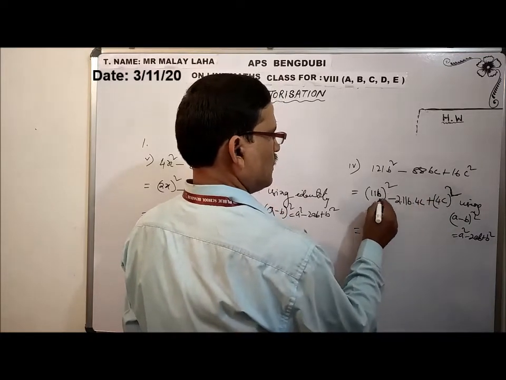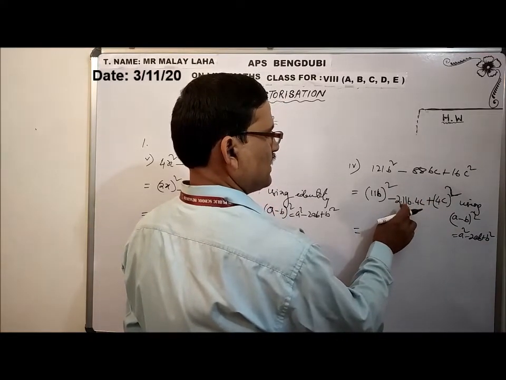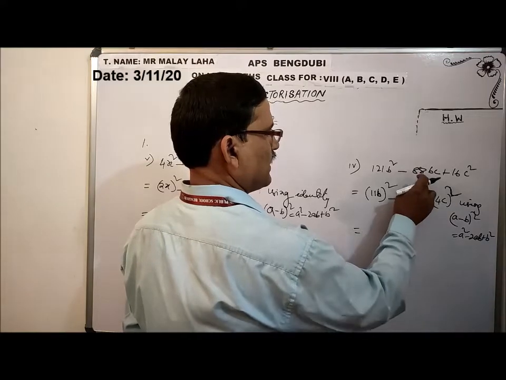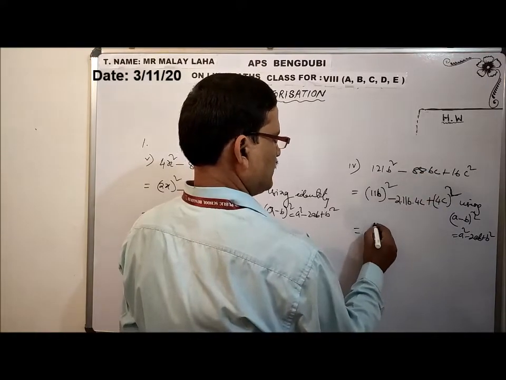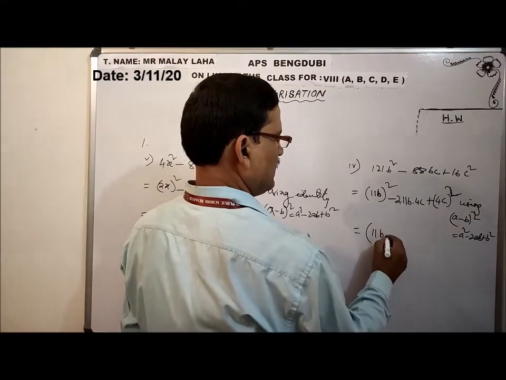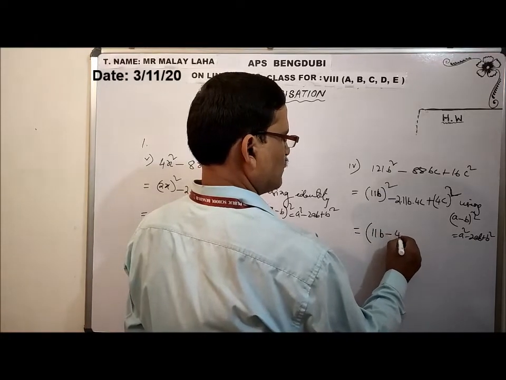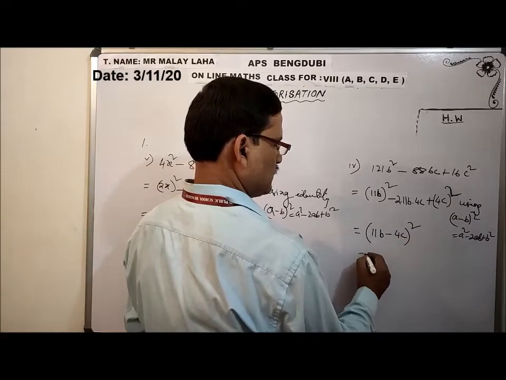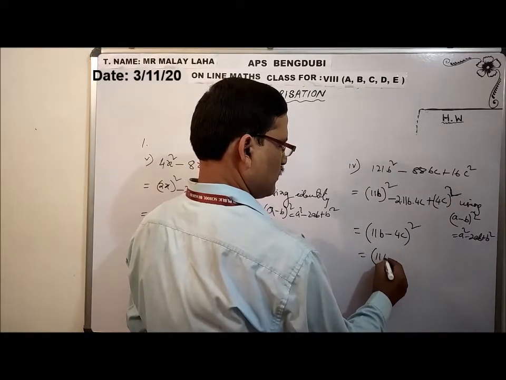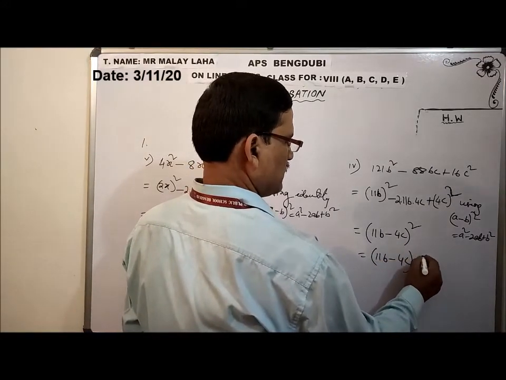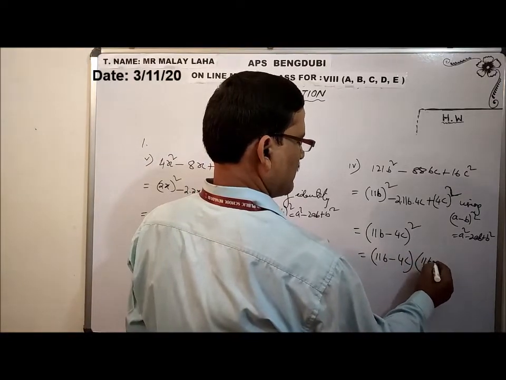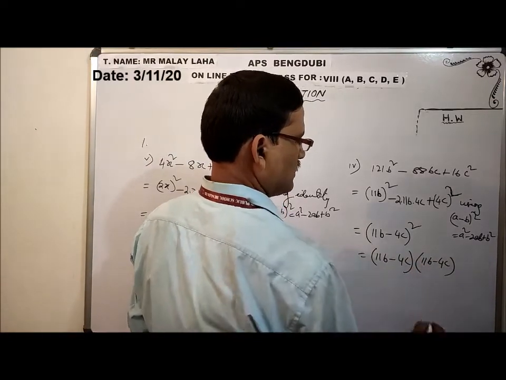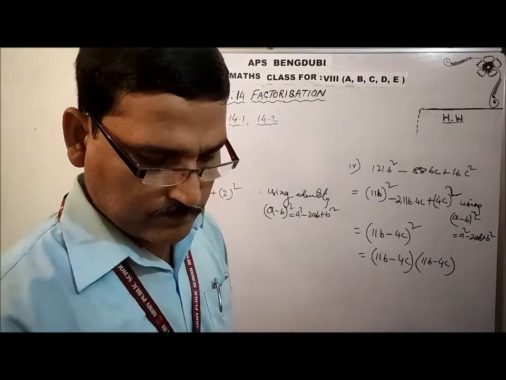Okay, so it is matching. 2 times 11 is 22, 22 times 4 is 88 bc. So it is the formula of 11b minus 4c whole square. You cannot take common further, so you have to write down only the product form. 11b minus 4c into 11b minus 4c. Clear?